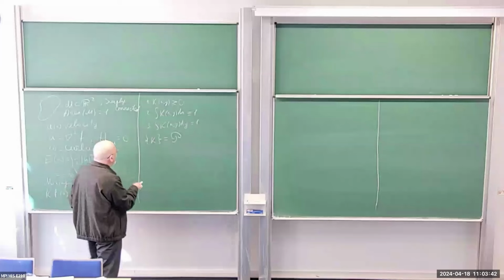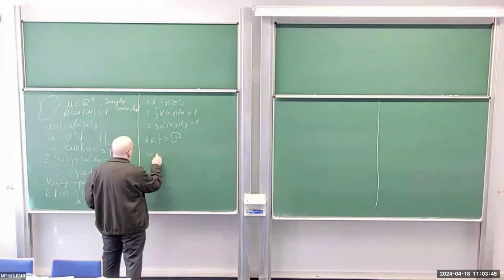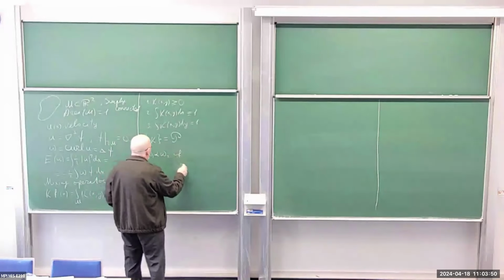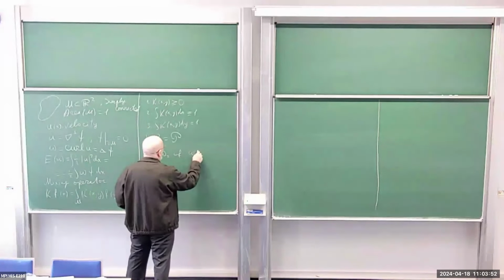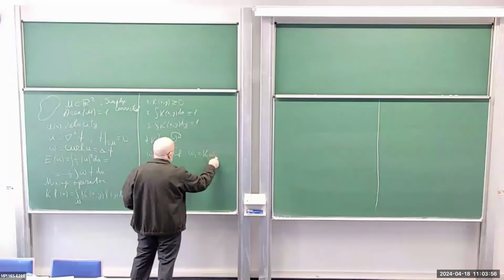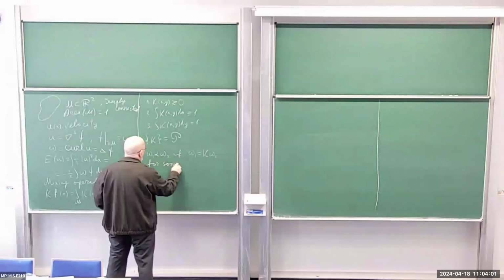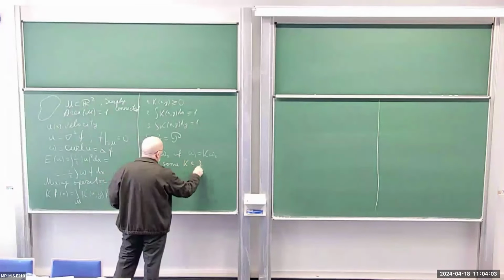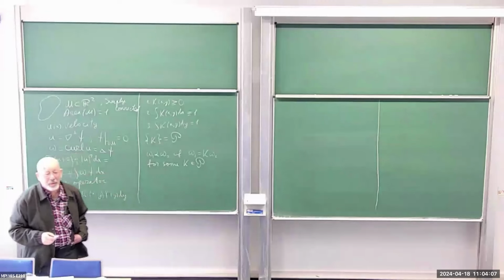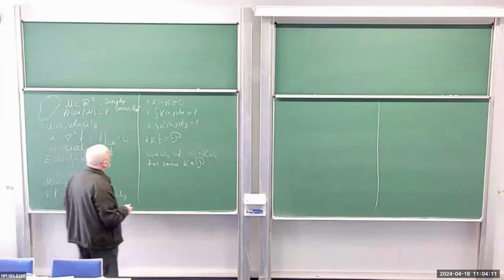Then we say that omega 1 is less than omega 2 if omega 1 equals k omega 2 for some k in our polymorphisms. So they form a semigroup.